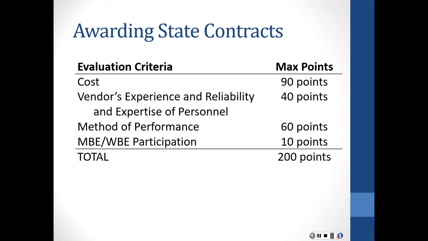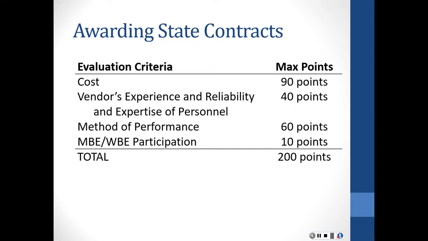The last thing that I wanted to mention is we see this MBE/WBE participation, 10 points. Okay, so that's like 5% of the points, because there's 200 points total. 5% is on this MBE, WBE participation. What that stands for is minority business enterprise or women business enterprise.